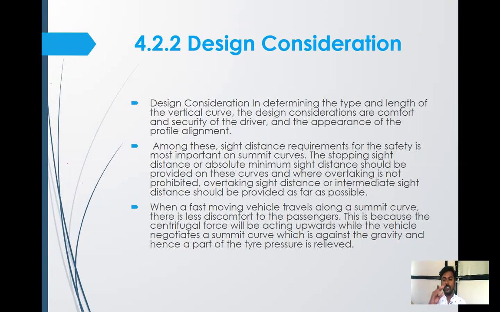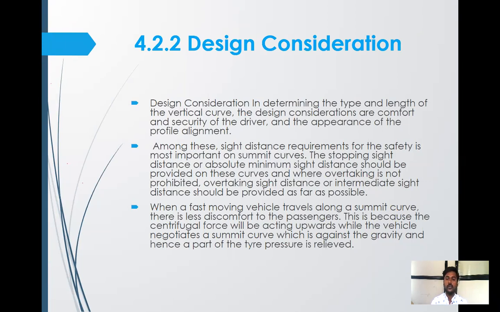Among all these conditions, we have to think about the comfort of the driver, the security of the driver, and also the appearance of the road. But among all, we have to concentrate more on the security of the driver, because this is very important.